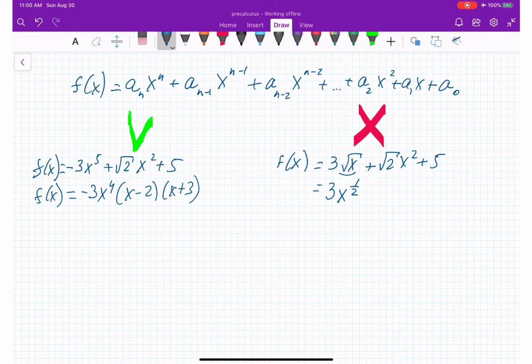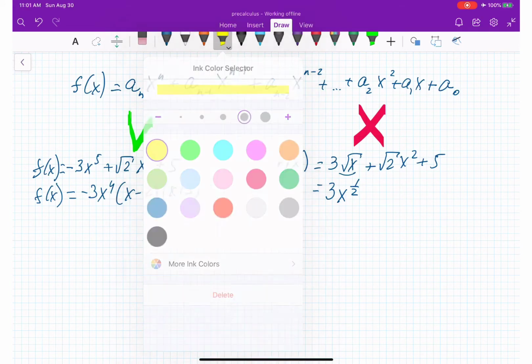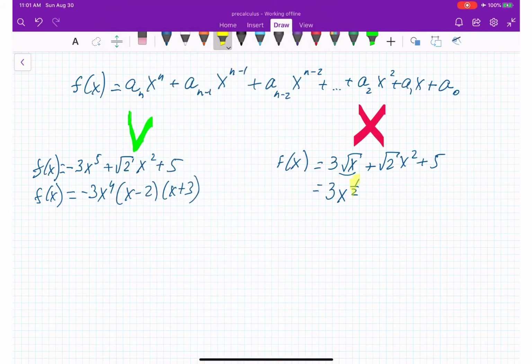So a polynomial cannot have a variable under a square root or radical, and cannot have a degree in the format of a fraction.